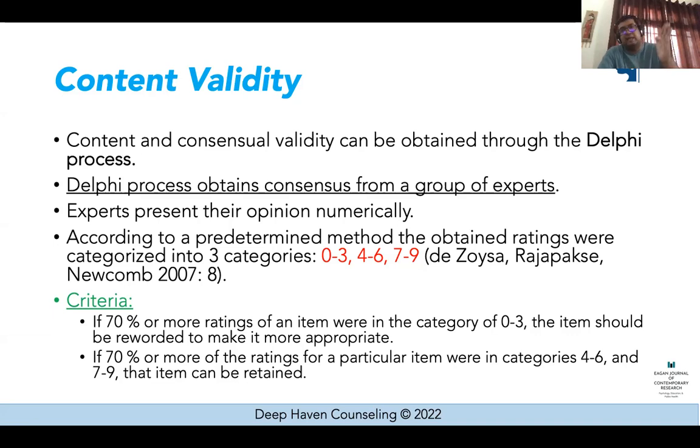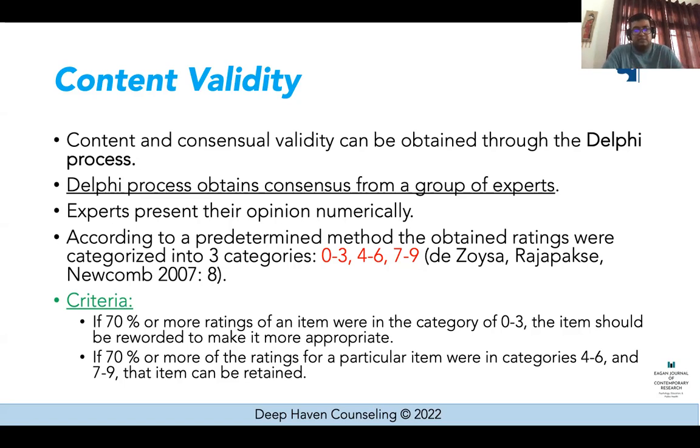Let's say my scale had 10 items and I have a few criteria, and I would be asking the experts to rate the degree to which each item meets that particular criterion. They can rate it from 0 to 3, 4 to 6, and 7 to 9. So 0 to 3 means not so good, 4 to 6 means okay, 7 to 9 means extremely good. This is how the criteria would work.